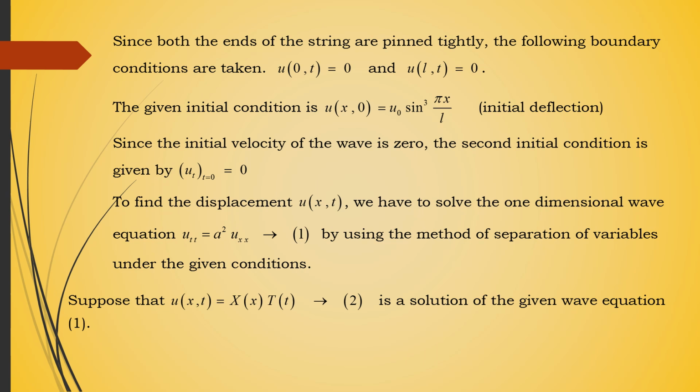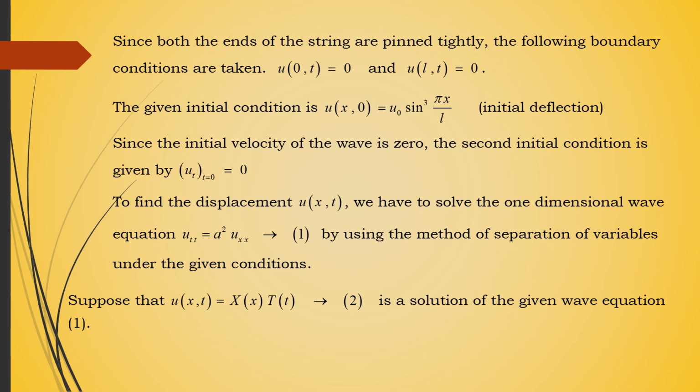Similarly, the initial velocity of the wave is given by the rate of change of displacement with respect to time, that is dou u by dou t, the partial derivative of u with respect to time t, that is the velocity of the wave.